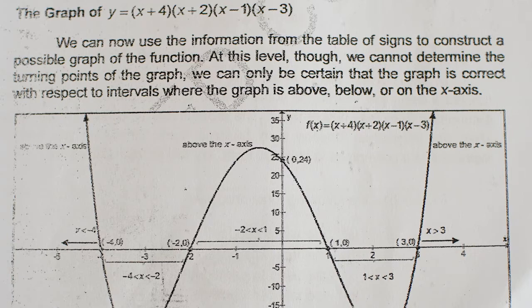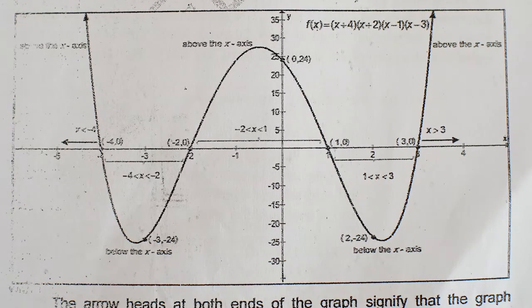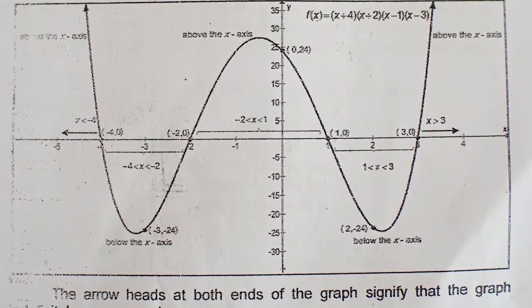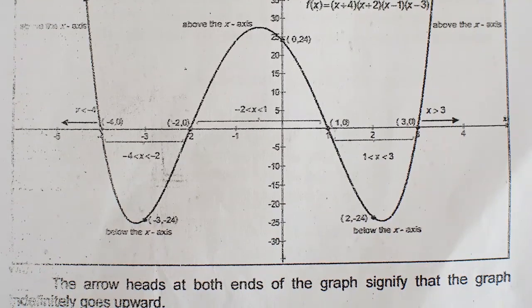We can only be certain that the graph is correct with respect to the intervals where the graph is above or below the x-axis. Then we have here the graph. To interpret or describe this graph, the arrowheads at both ends of the graph signify that the graph definitely goes upward.